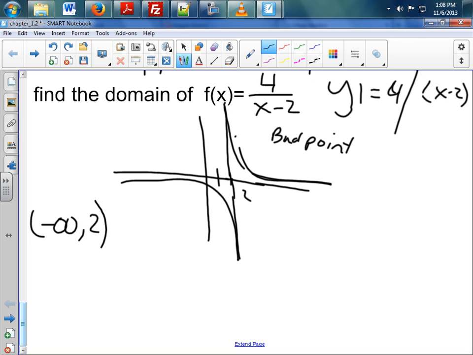But it cannot equal 2, so you put a parenthesis. If I put a bracket there, that means it includes. Then you put this symbol. What's that? Union. And then it goes from 2 to infinity. And that's how you would write that.